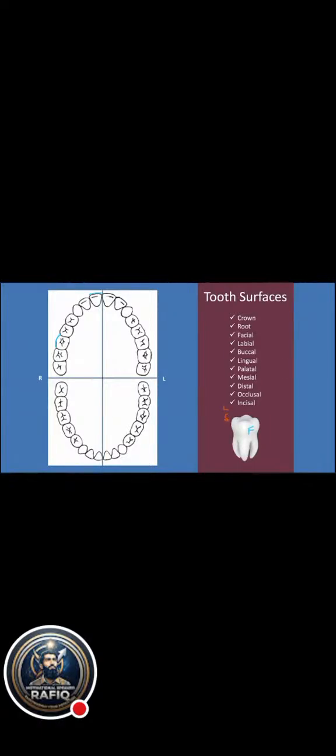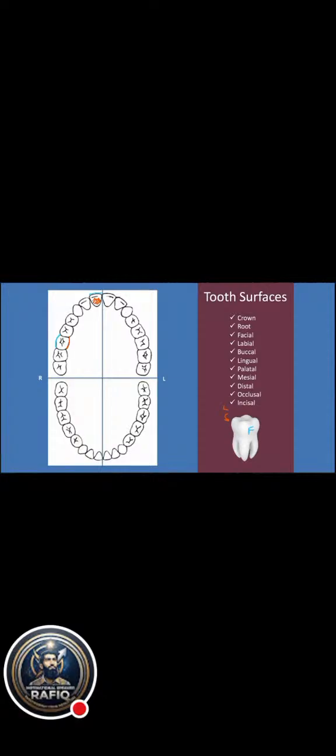And on the diagram, this would be the lingual surface for this tooth, and this would be the lingual surface for this tooth. Now this is the surface of the tooth closest to the tongue, that's why it's called lingual. In the upper arch, we can also give this a different name. We can call it the palatal surface because it's adjacent to the palate, which is the roof of the mouth up here.